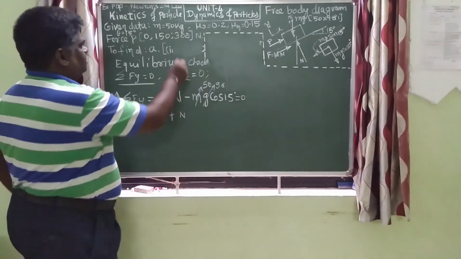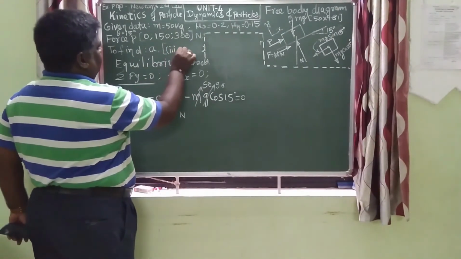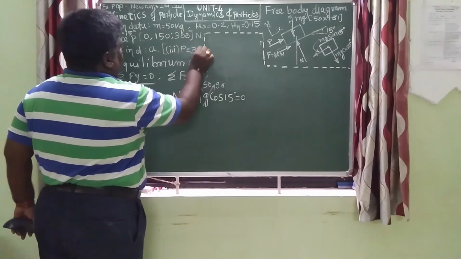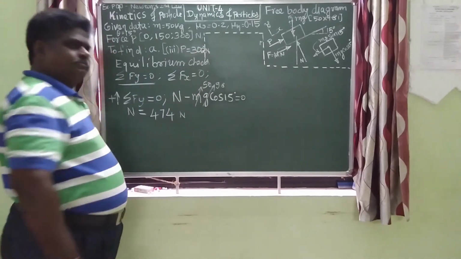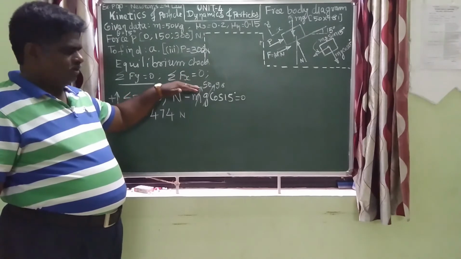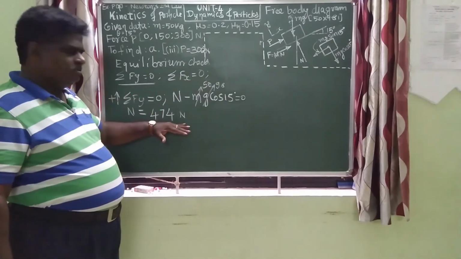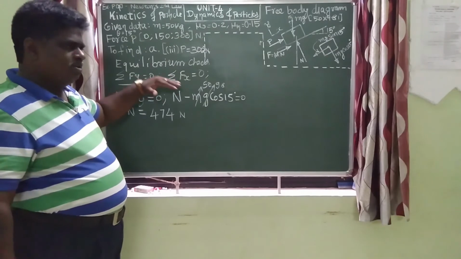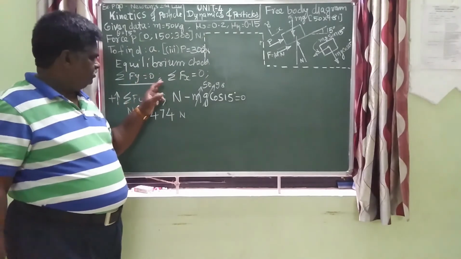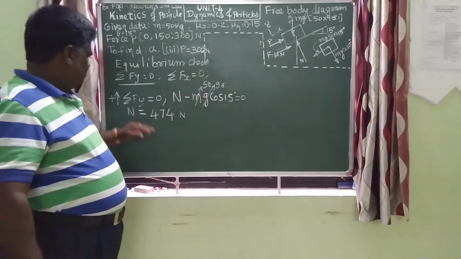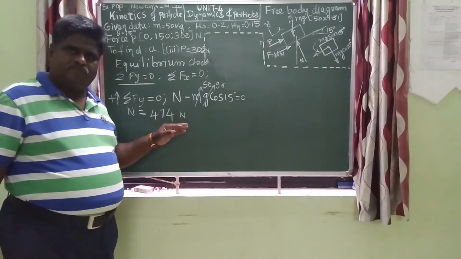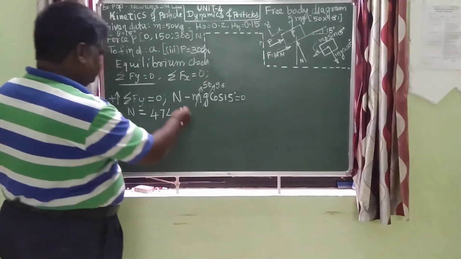The third case, the external force acting on the block is P equal to 300 Newton. The same step by step procedure applies: check the equilibrium. Summation of Fy equal to 0, summation of Fx equal to 0. From the y direction we calculate the reaction force, 474 Newton.